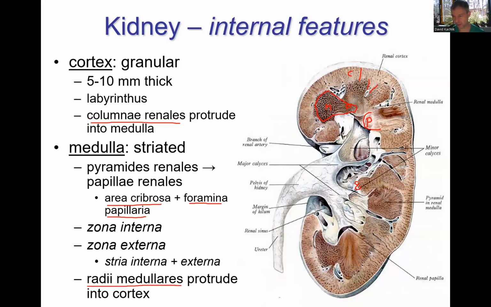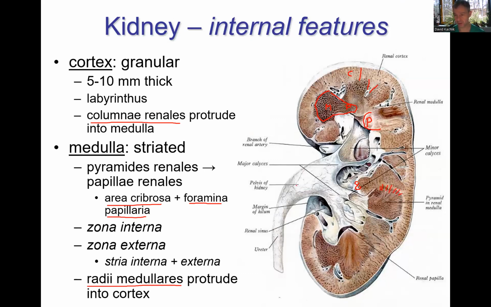And the medullary rays form these striations. The medulla itself can then be divided into two zones, internal and external, and the external into bands, internal and external. It's not visible on this figure. We come to this closer when we talk about a nephron.